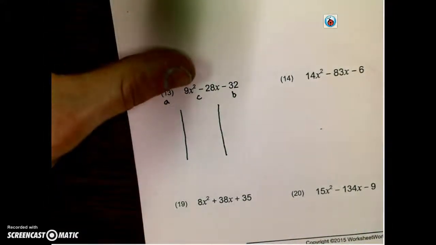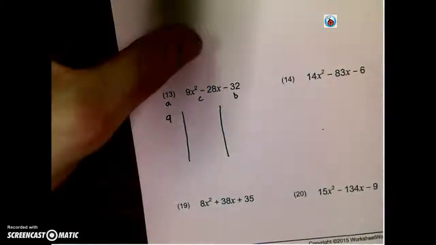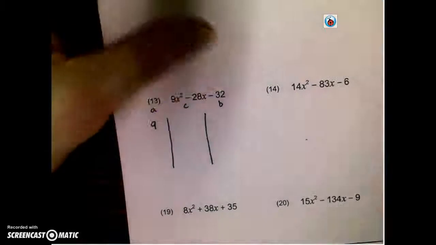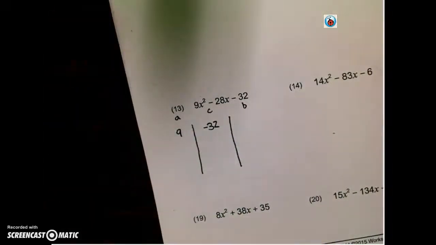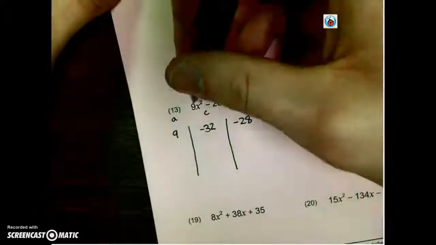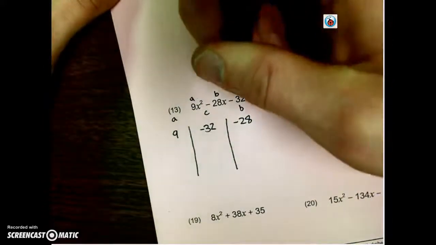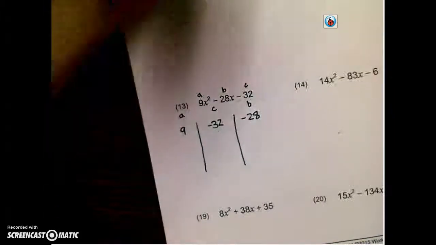So I need my factors of A, which is 9. I need my factors of C, which is a negative 32. And the combination we're looking for has to add up to a negative 28. And these ABC values are just coming from our ABC terms here.